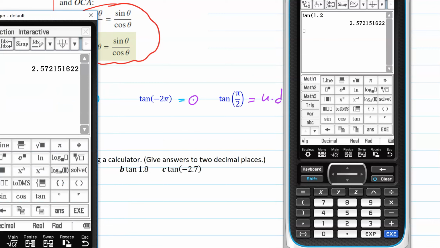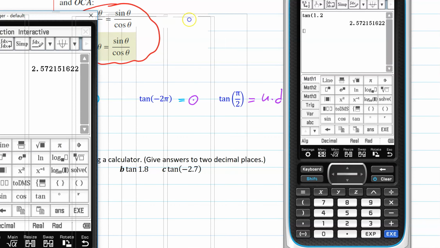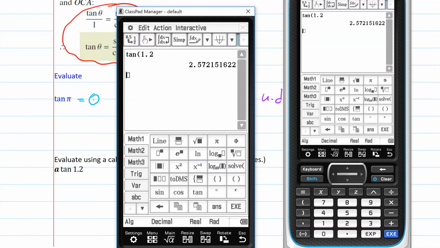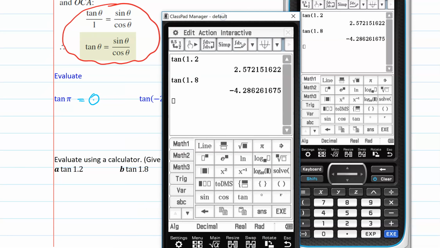What is my next one? Next one is tan 1.8. What would you guess? Where's 1.8 radians? Well, 1.8 radians, ladies and gents, is an obtuse angle. It's somewhere in the second quadrant.